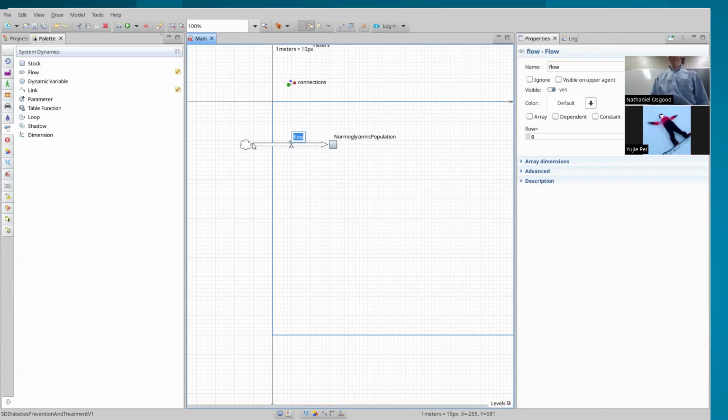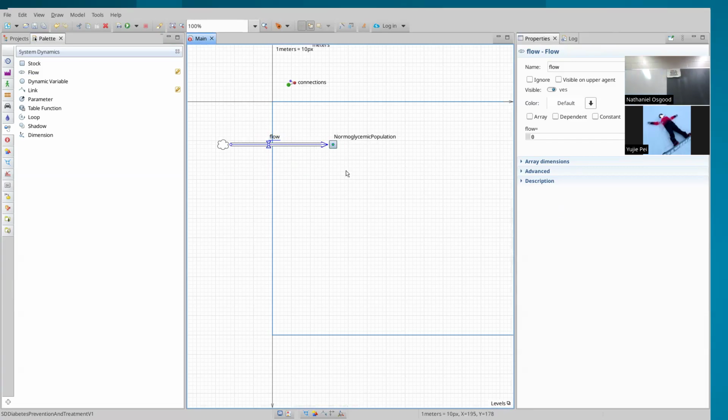Now, if you somehow miss the target, you'll be stuck with it in a disembodied sort of way, a flow between two flows, which has its utility mathematically as a unit flow, but I'm not going to get into that. Okay, so we can then drag this in there and make sure it's green.